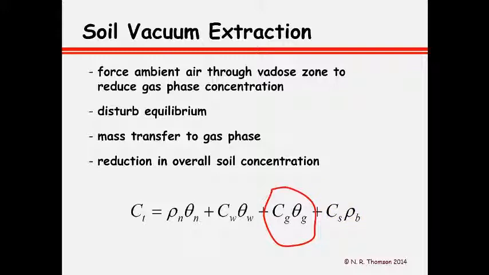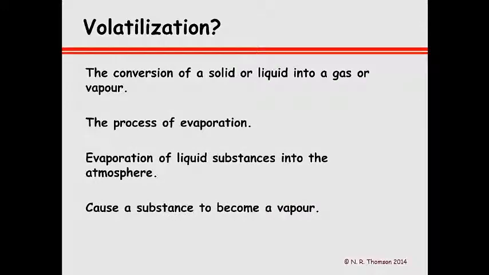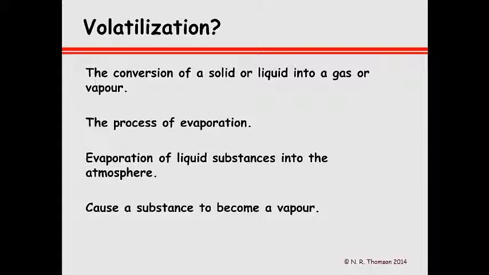So in a soil vacuum extraction system, we want to reduce the gas phase concentration to encourage mass transfer from the other three phases into the airstream. The process of mass transfer is obviously controlled by the contaminant itself, and involves a conversion between the dissolved phase, the NAPL phase, or the solid phase into the air phase.